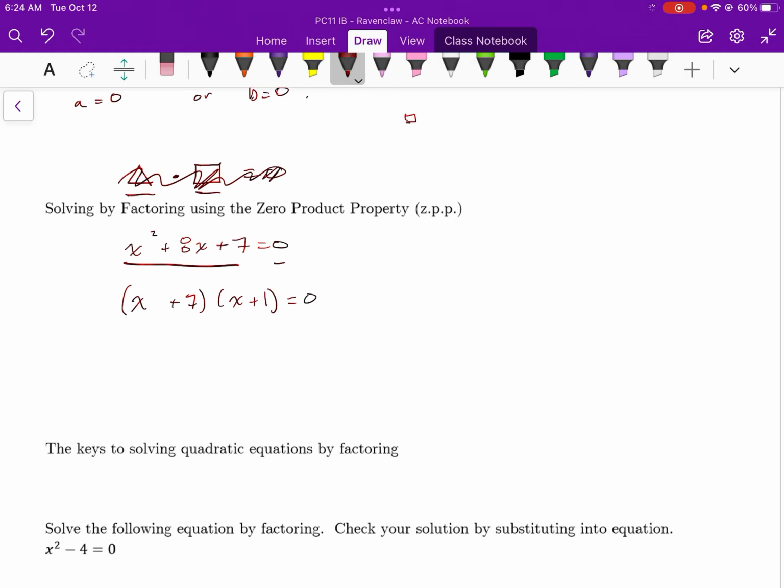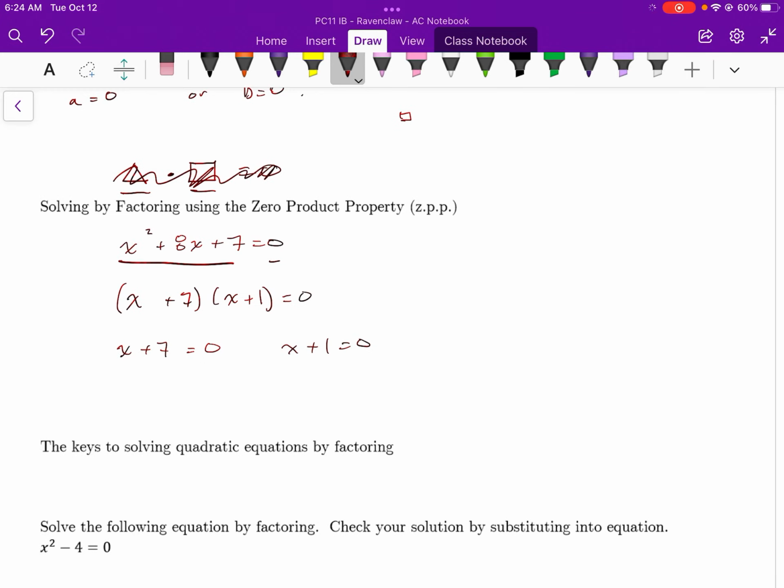And now what we see is that I have two factors that multiply to 0. So that means that either my first factor, x plus 7, is equal to 0, or my second factor, x plus 1, is equal to 0.